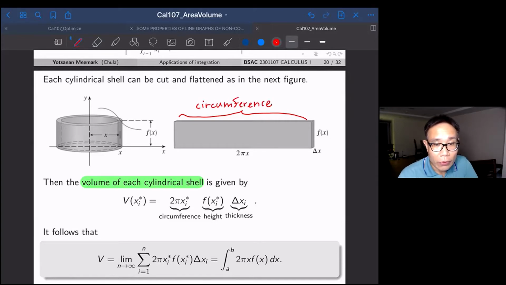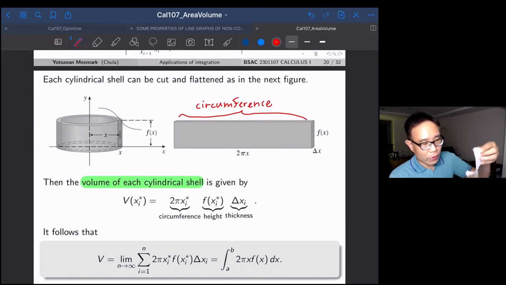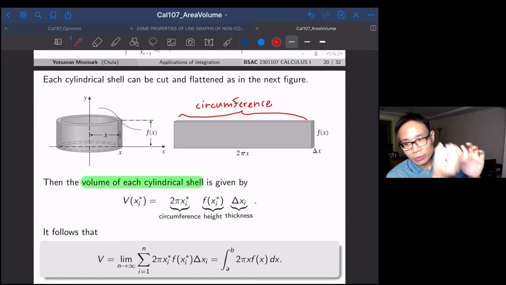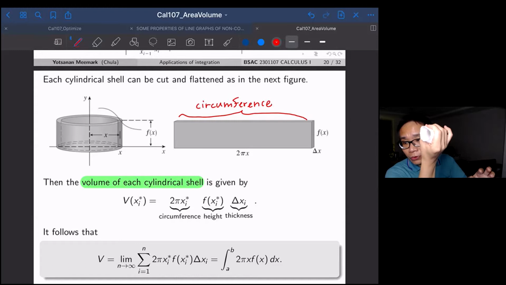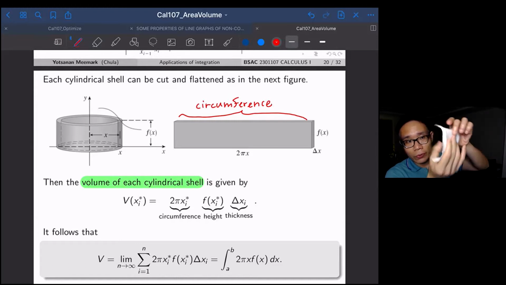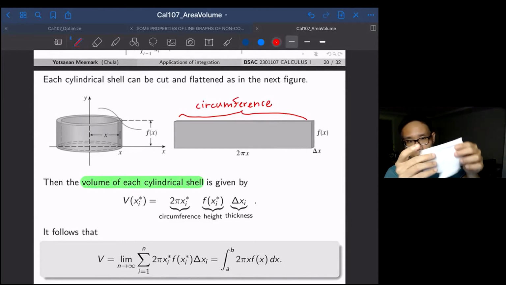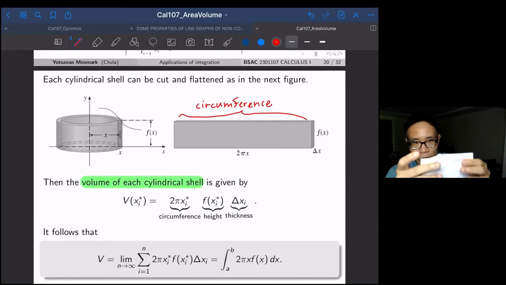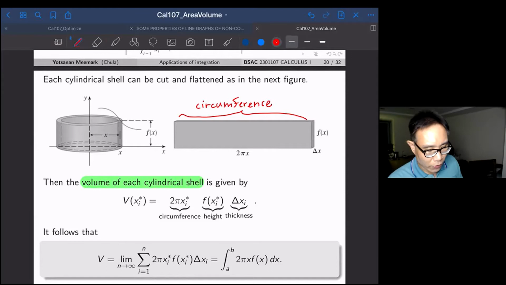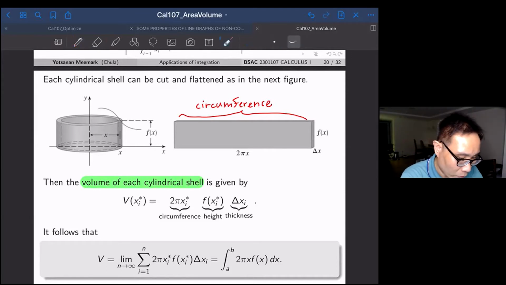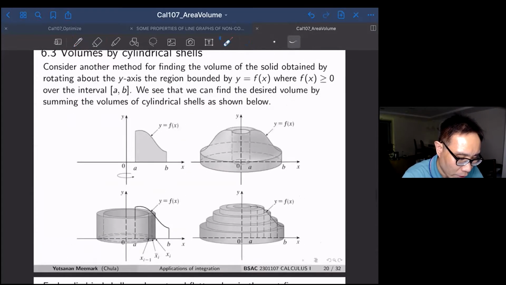You have the circumference because when you unfold the cylinder like this, the length here will be equal to the circumference of the circle that you had earlier. And the other dimension turns out to be the height here, and the height comes from the function.